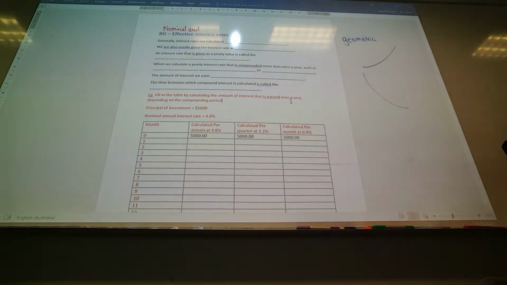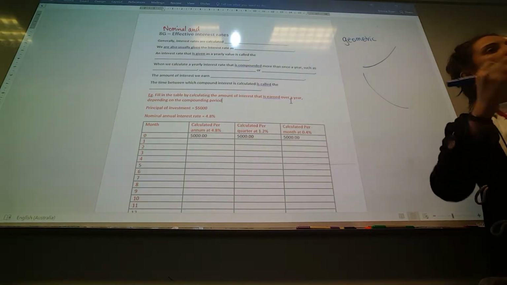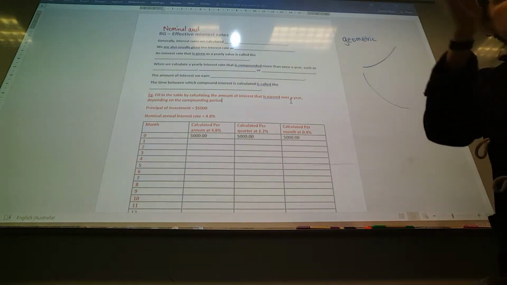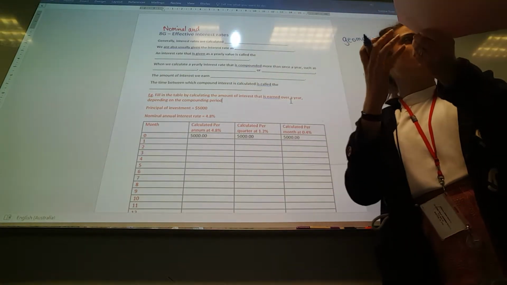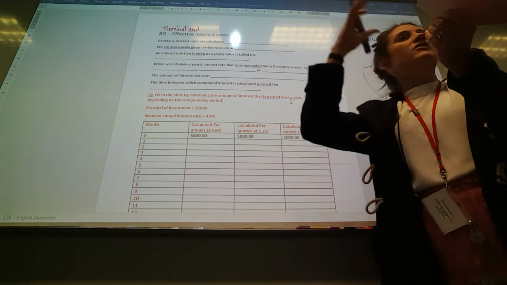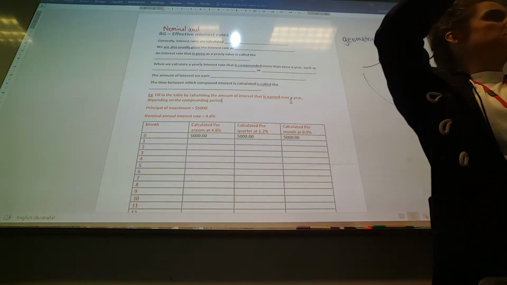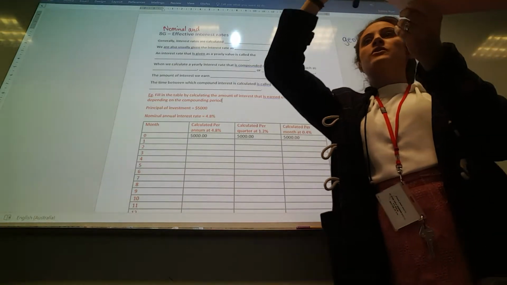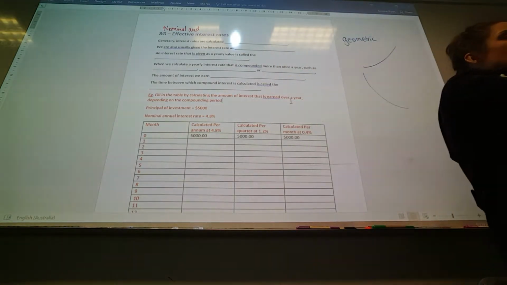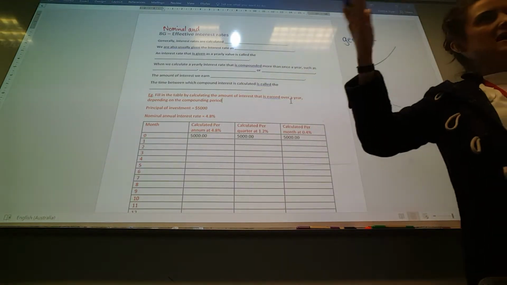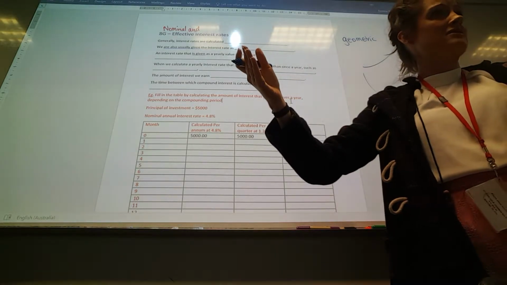Yep, good. When we're doing compound interest, we calculate the interest on each previous value, so on the interest we've accrued and what we've also got in the principal. Then for the next one, we do that interest and the principal again. Whereas with simple interest, we calculate the interest only from the principal, and then we just keep adding that same amount. Does that make sense?